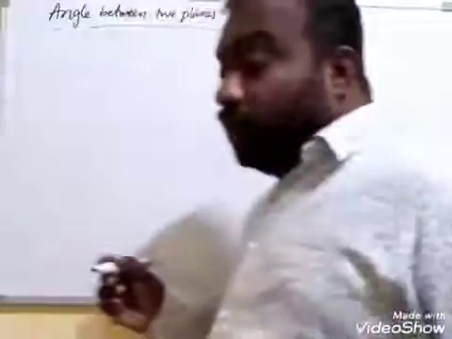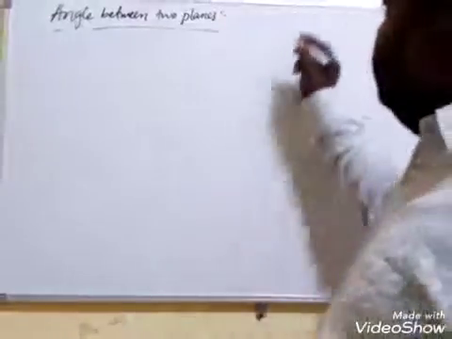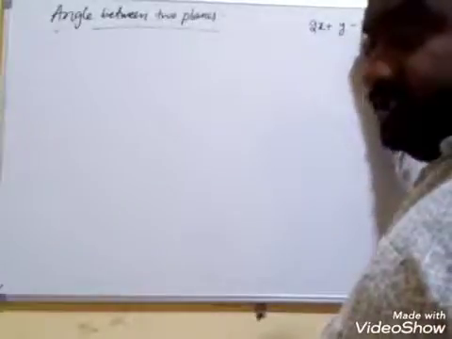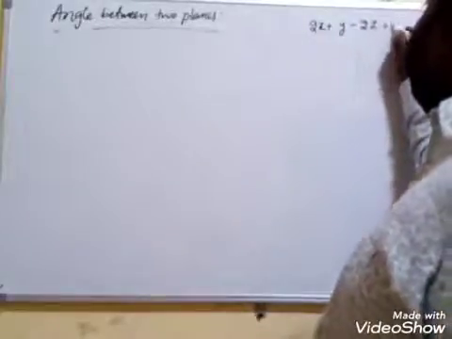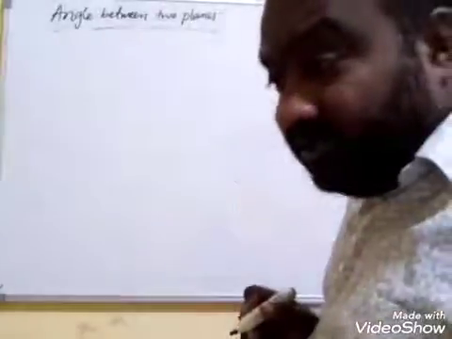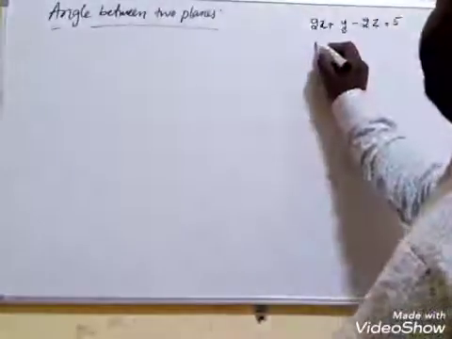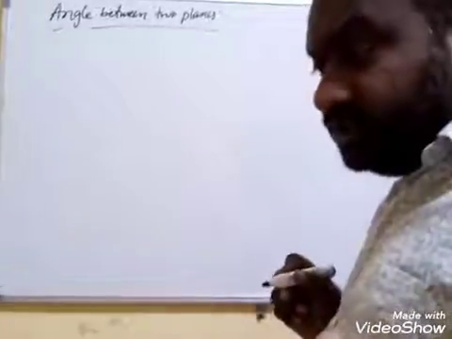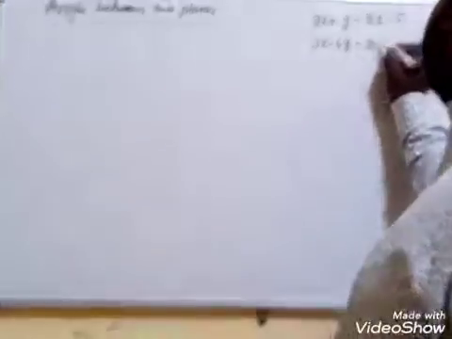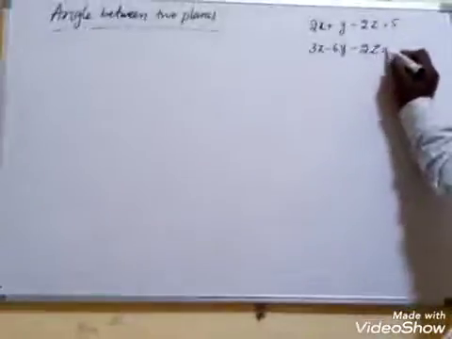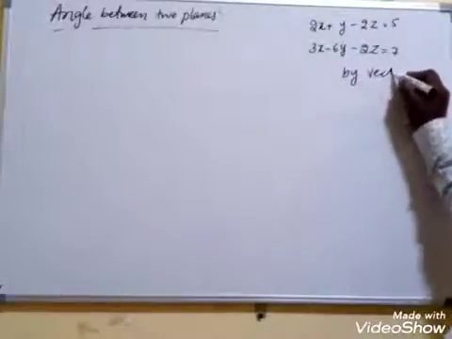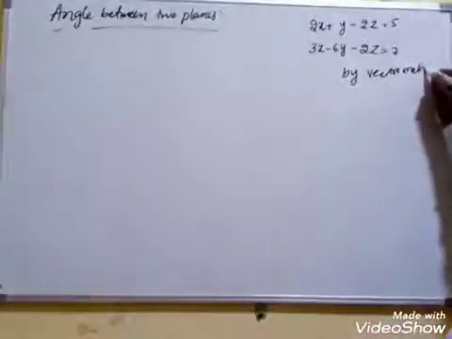For example, find the angle between the planes 2x plus y minus 2z is equal to 5 and 3x minus 6y minus 2z is equal to 7 by vector method.